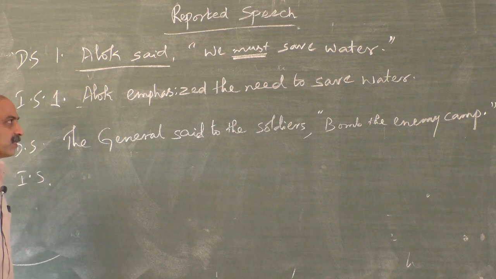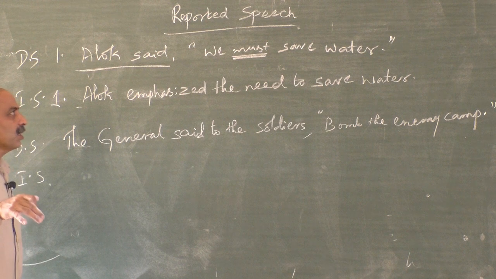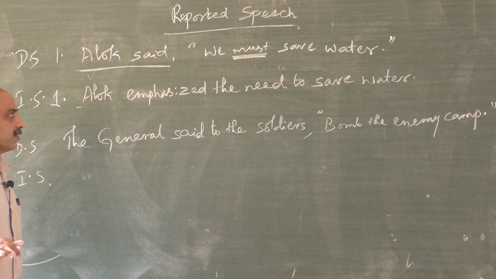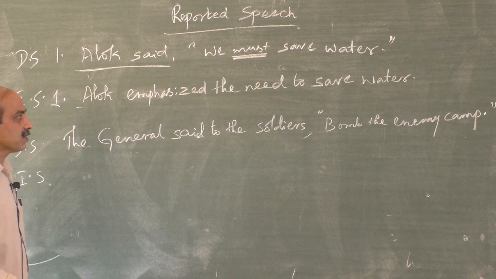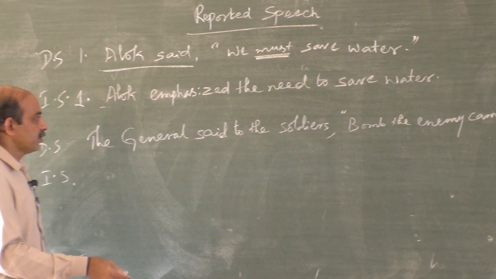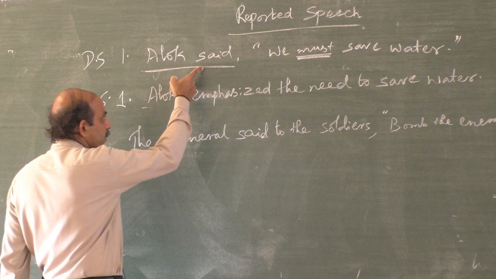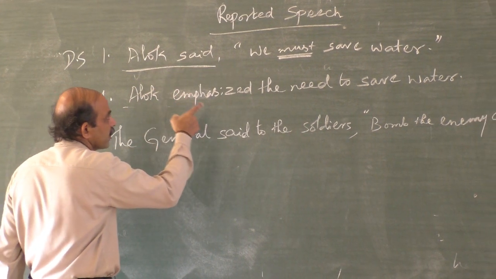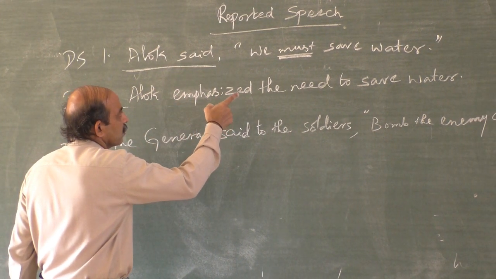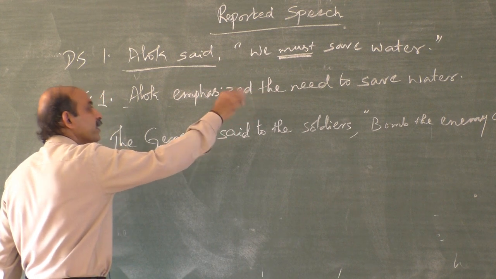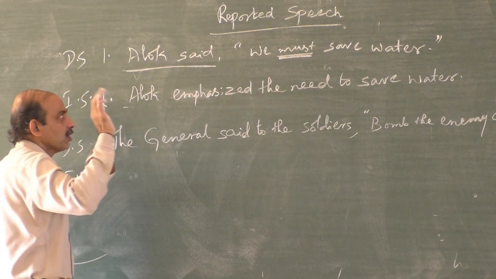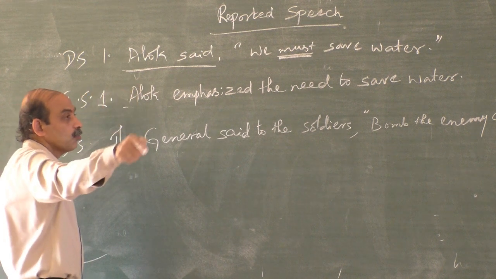In the first example I gave you, Mohan said, I have told you it is not always "said." Depending on the condition and the context of the sentence, the reporting verb changes. For example, Alok said, "We have to save water." You may write "Alok said that they had to save water," but it is not acceptable, because who are those people?